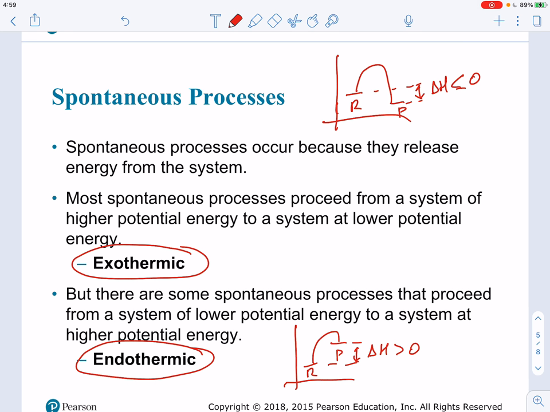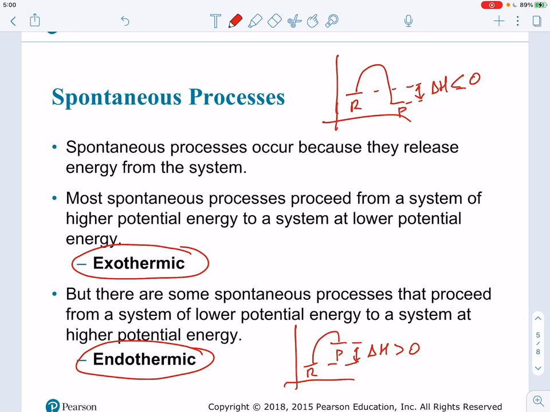So you can start thinking about processes that are exothermic as spontaneous and processes that are endothermic as non-spontaneous. But that is just a fraction of the story. There is no guarantee for a process that is exothermic to be spontaneous, and there is no guarantee for a process that is endothermic to be non-spontaneous.